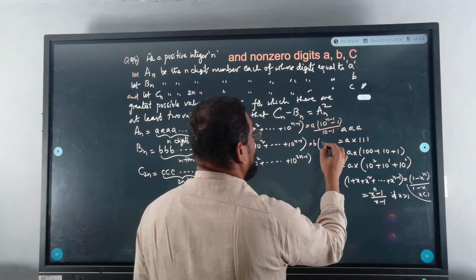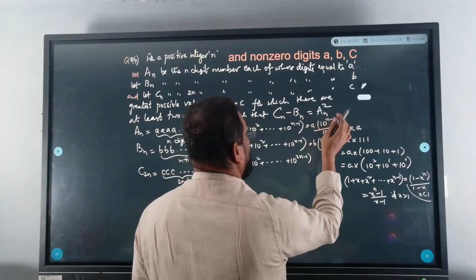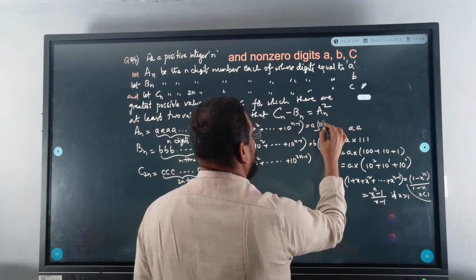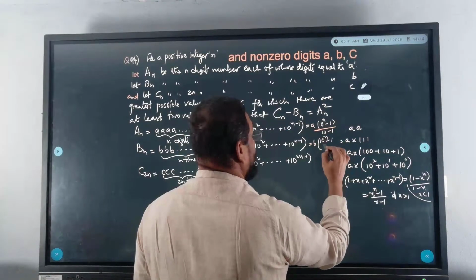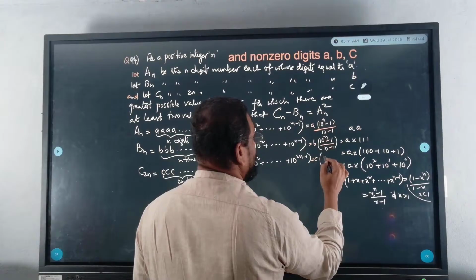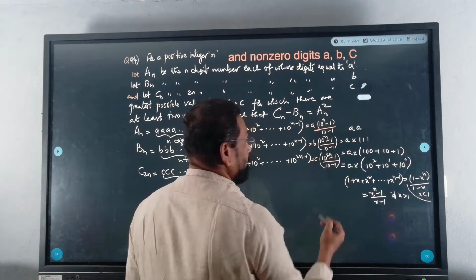Here it is b into 10 power n minus 1 by 10 minus 1. Here it is c into 10 power 2n minus 1 by 10 minus 1.